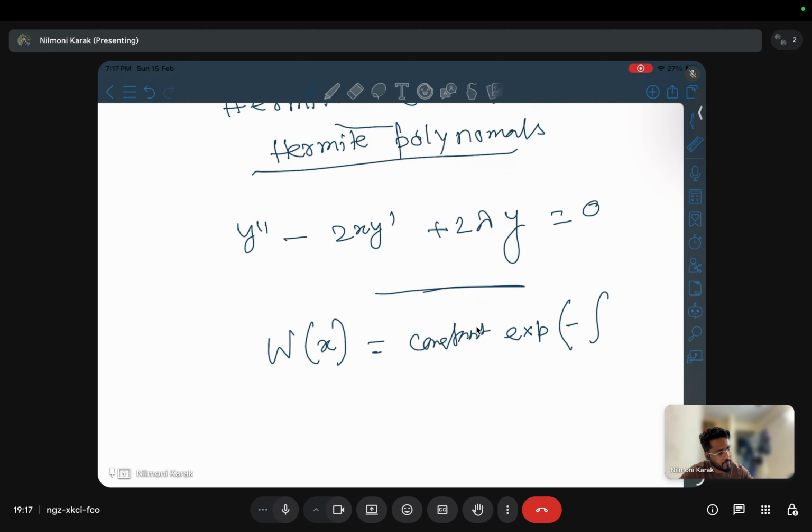This is W0 times exp of minus the integral of 2t dt, because if you put 0, the constant is nothing but W0.